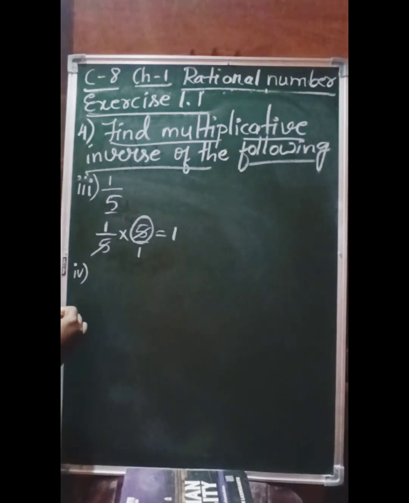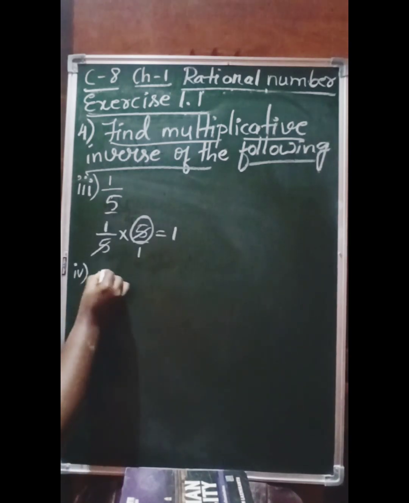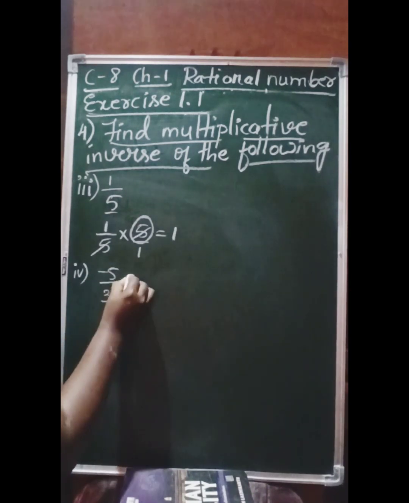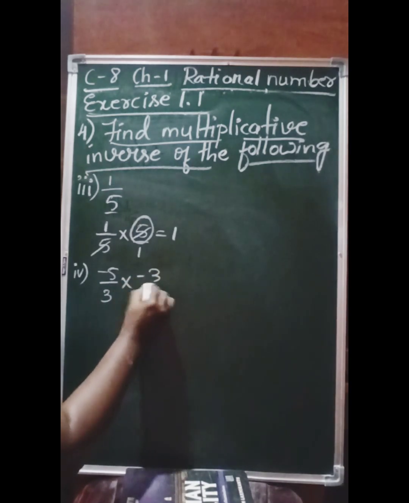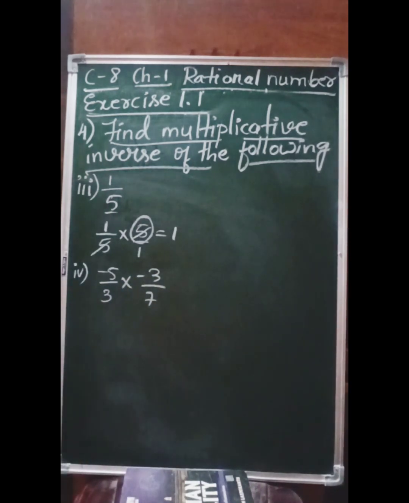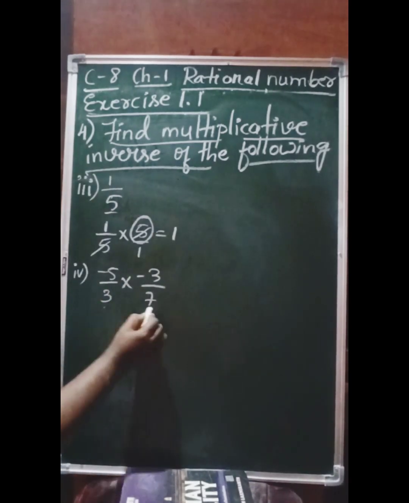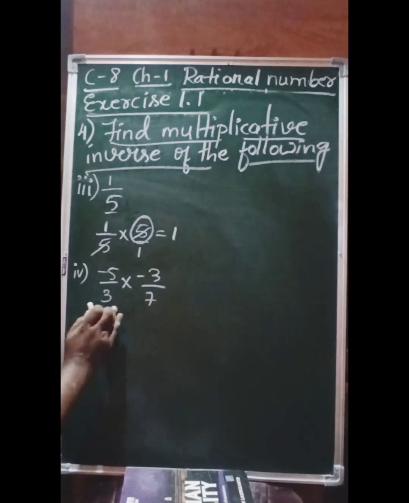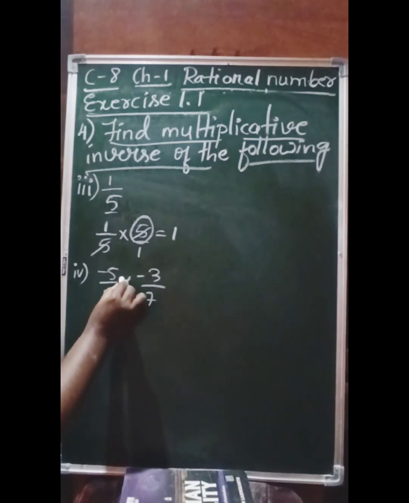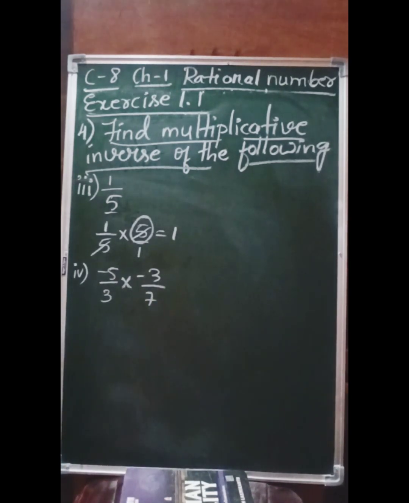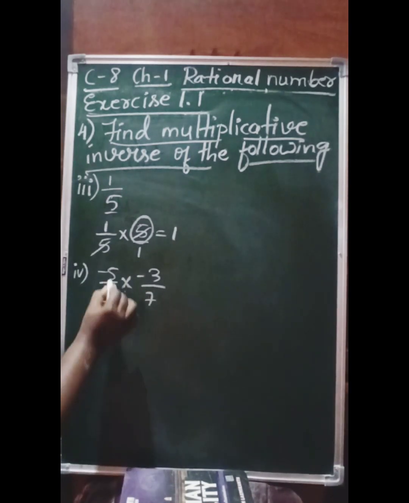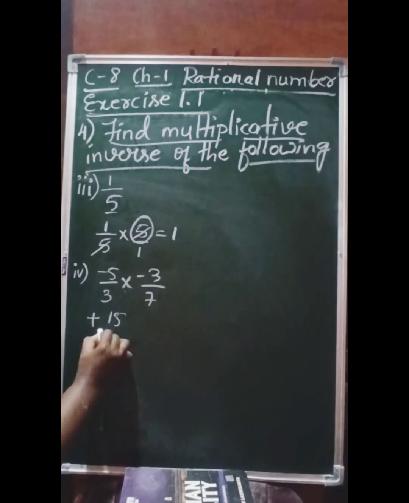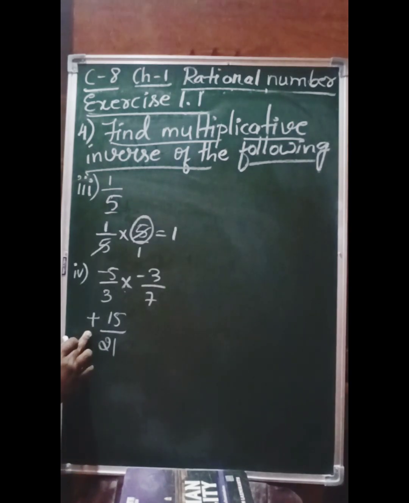Consider the fourth one, that is minus 5 by 3 into minus 3 by 7. The question is a little bit different from the previous ones, right? Here they gave two terms. In this case, don't worry, just look at the symbol they gave here and solve it according to the question. Here they gave multiplication, so solve it: minus into minus is plus, 5 into 3 is 15, 7 into 3 is 21. What term did we get here? A positive term, right?